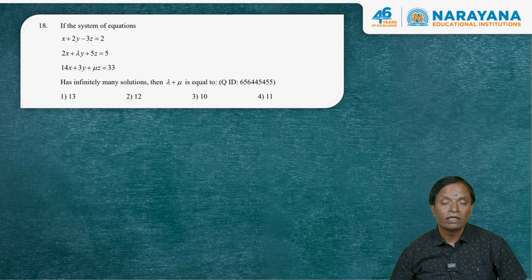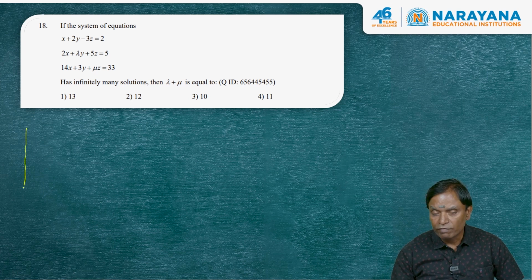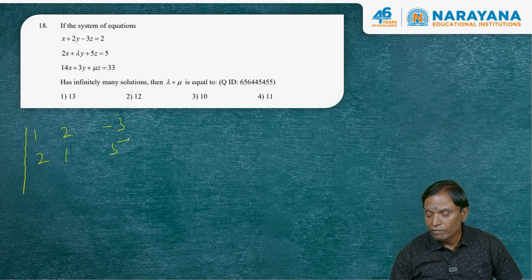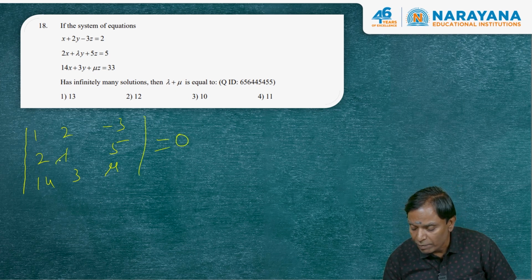So practice it well. Now we are given a system of equations. They have infinitely many solutions. Then you are asked to find the value of lambda plus mu. Infinitely many solutions means your first determinant 1, 2, −3, 2, 1, 5, 14, 3, mu must be equal to 0, with 2, lambda, 5.